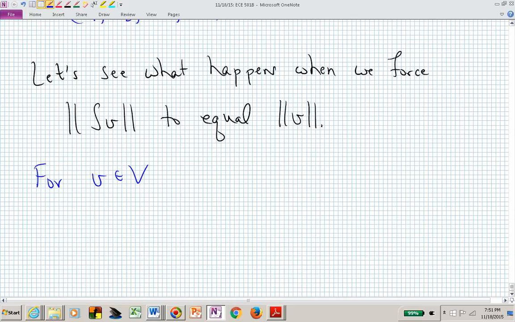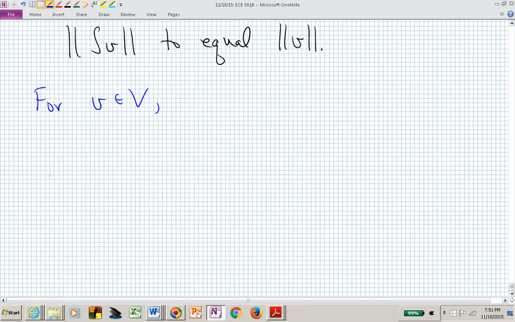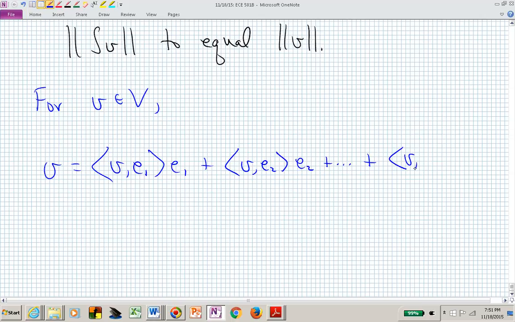So now for V, a vector in this vector space V, we can decompose it as V is this inner product of V with E1, scaling E1. The inner product of V with E2 we can use to scale E2, so that we can now decompose any vector V in this vector space in terms of this orthonormal basis.